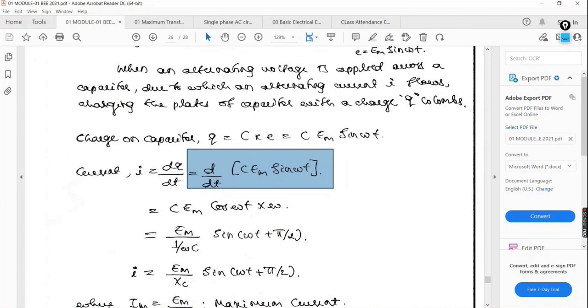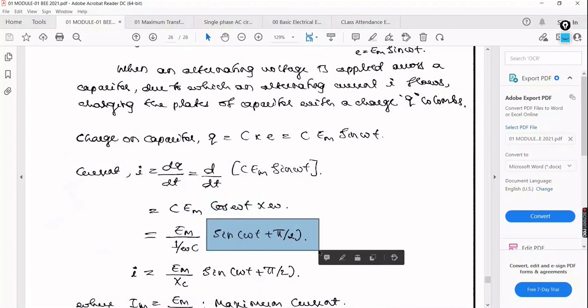So we can take the reciprocal value in the denominator: Em divided by 1 by omega C into cos omega t, which will be represented in terms of sine of omega t plus pi by 2, because sine of 90 plus theta is what? Cos theta, because it comes under the second quadrant where sine is positive.